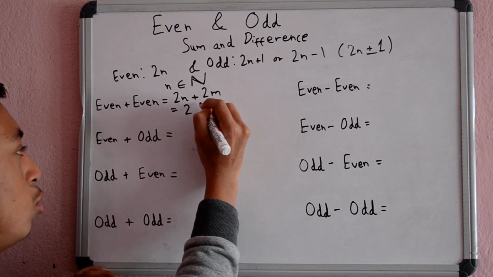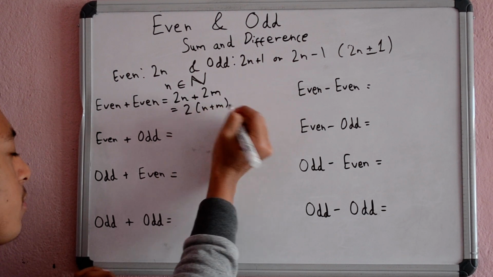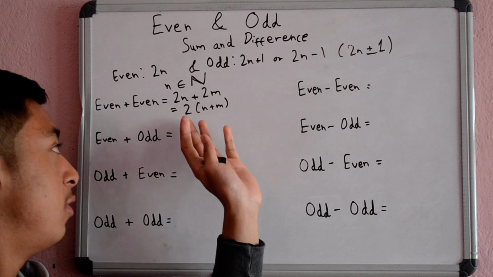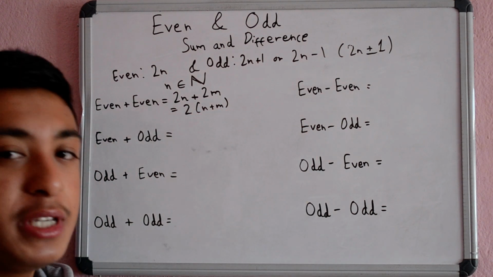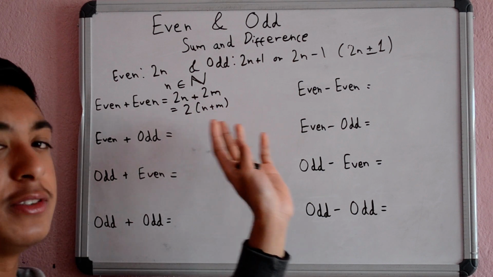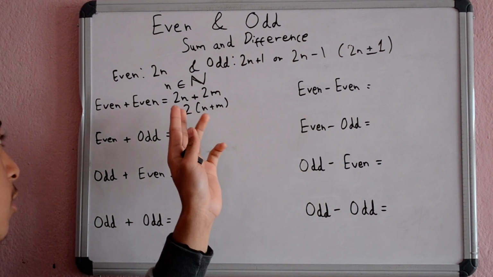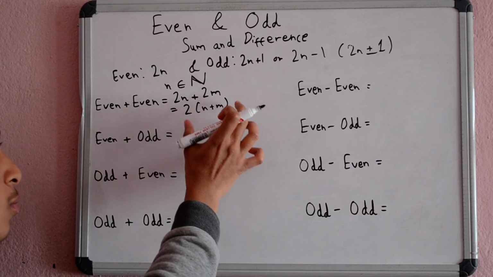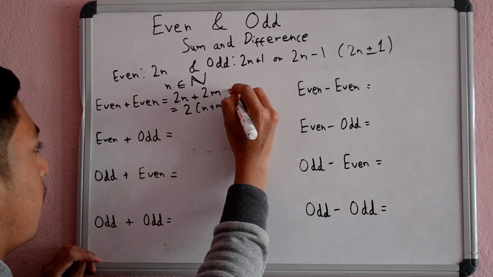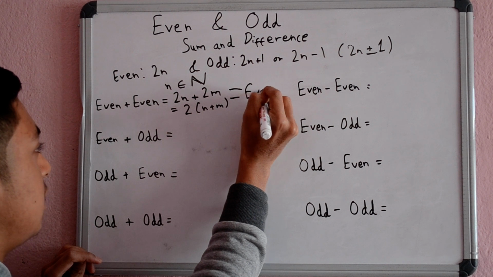So I can take 2 common: 2 times n plus m. Now again, I have 2 times something. That means it is a multiple of 2, meaning that this is divisible by 2. So this will make it an even number. So this is even.